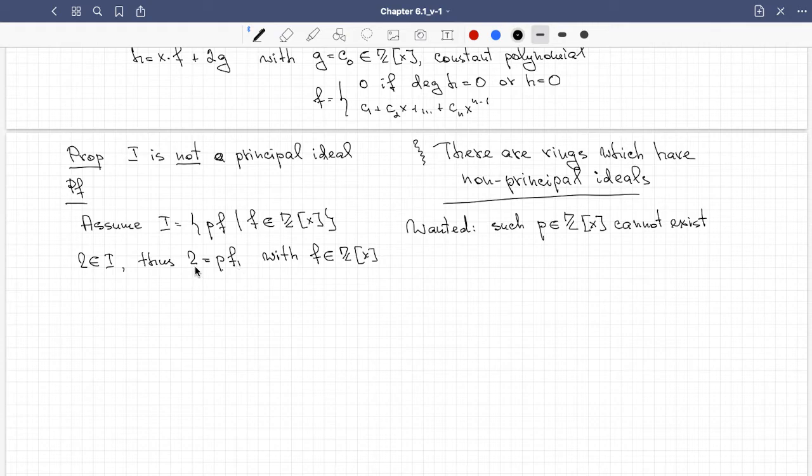So the degree of the constant polynomial 2 is 0, and so it should be equal to degree of P plus degree of f1. And this is 0.